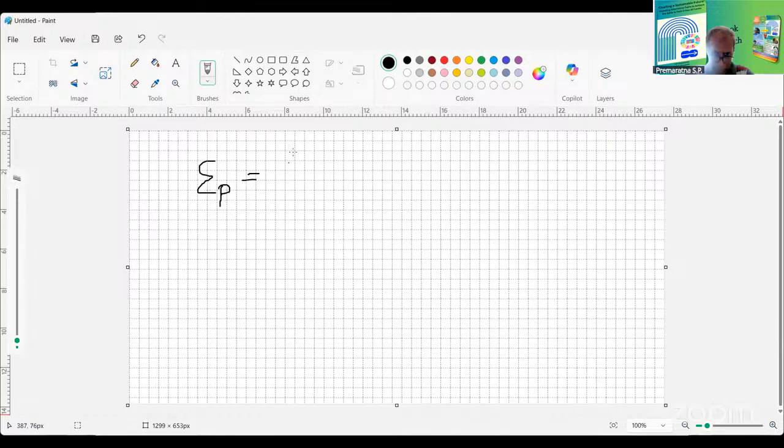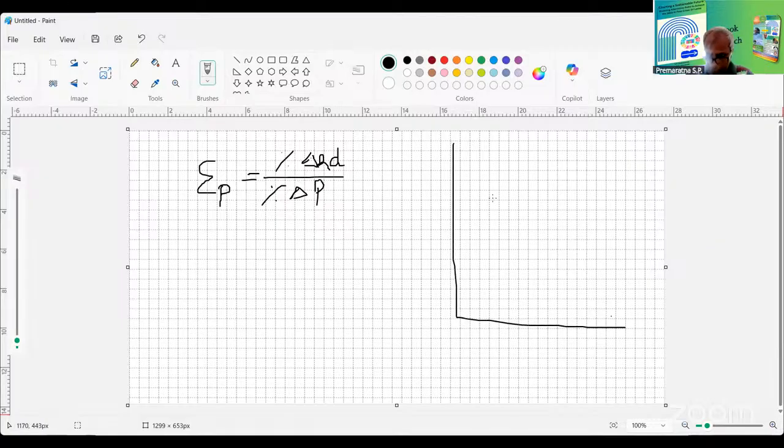Price elasticity of demand, as I indicated, is the percentage change in quantity divided by the percentage change in price. Say you have a demand curve like this, with price on this side and quantity on this side.